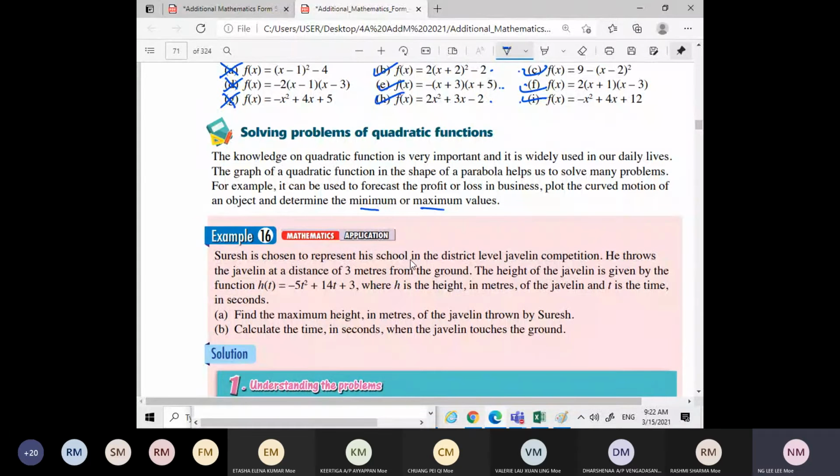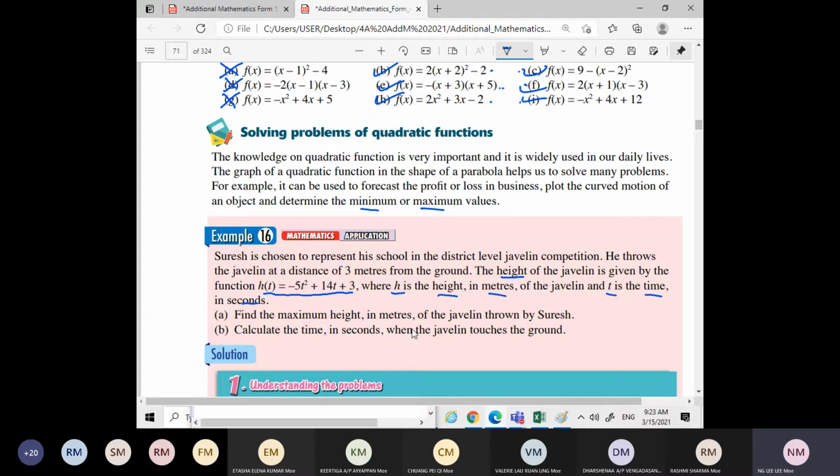Javelin competitions. 3 meters from the ground. The height of a javelin is given by this. h is the height, t is the time. This one in meter, this one in second.